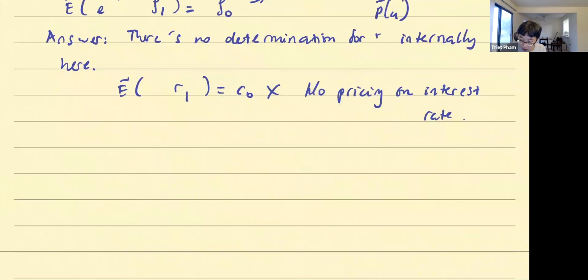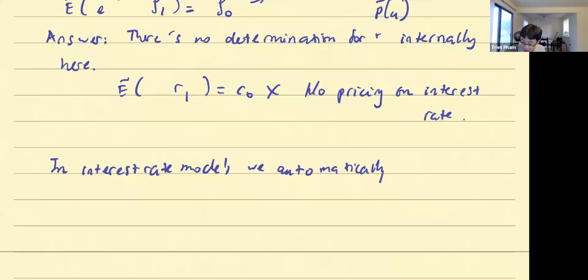So let me recap. It's very important that in an interest rate model, we automatically assume a risk neutral framework given.